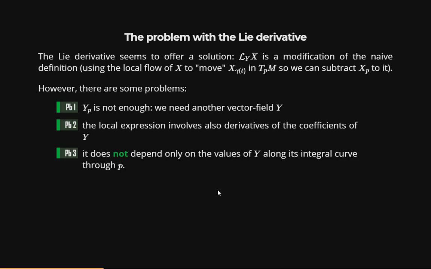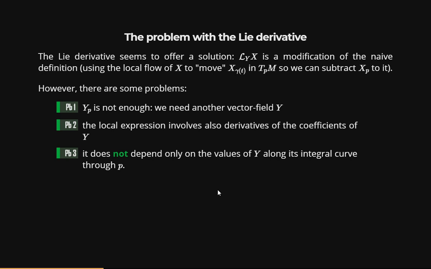Third problem, it does not depend only on the values of Y along its integral curve through P. So, if you have your local vector field Y, you take the integral curve, which is unique because of ODEs, etc., going through the point P. Now, you have to bring X back along the curve.